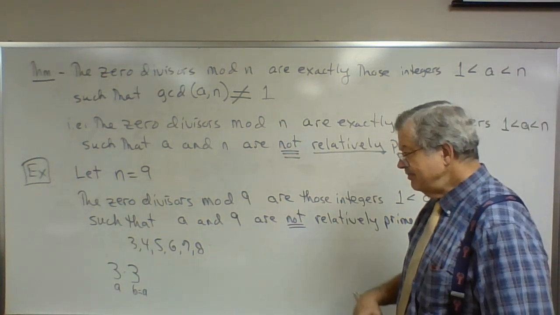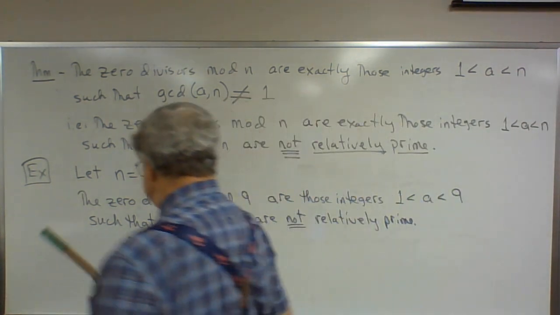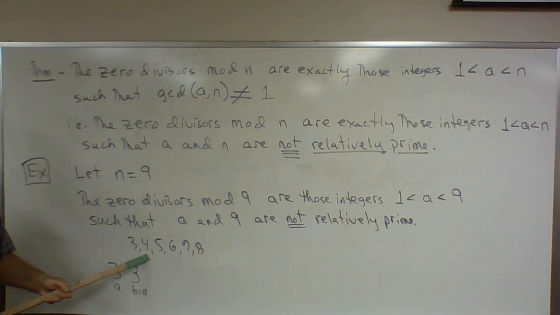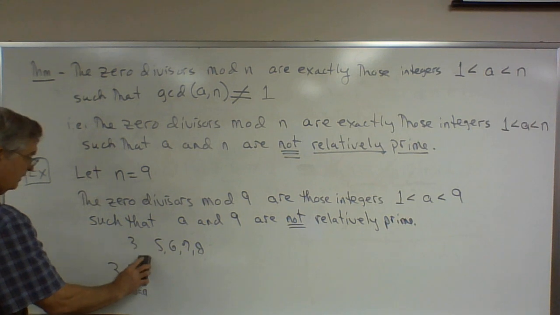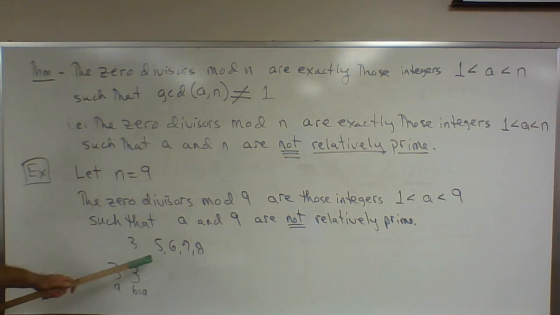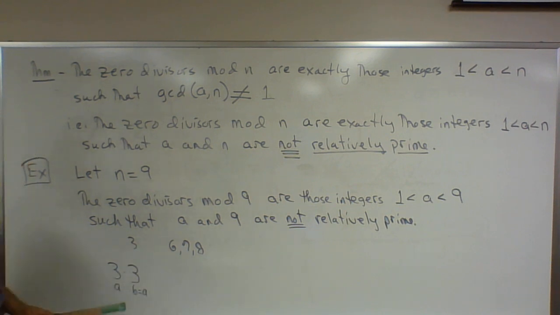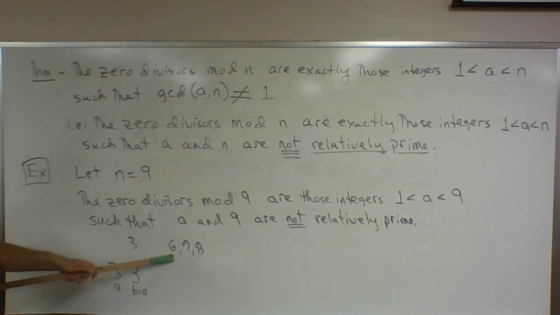What about this next person on the list, 4? 4 is relatively prime with respect to 9. So we can take 4 off the list. 5 is relatively prime with respect to 9. We can take 5 off the list. 6 is not relatively prime with respect to 9.